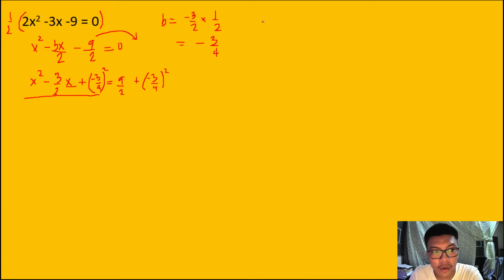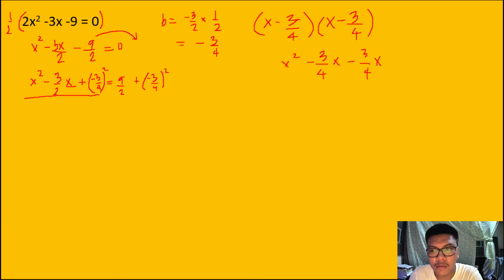Kasi, halimbawa, if we have x minus 3 over 4, x minus 3 over 4. If we multiply it with x minus 3 over 4, anong kalalabasan? So, x squared. So, we have negative 3 over 4 x. Then, negative 3 over 4 times x. So, we have negative 3 over 4 x.